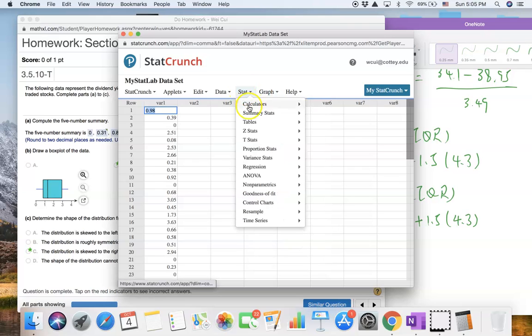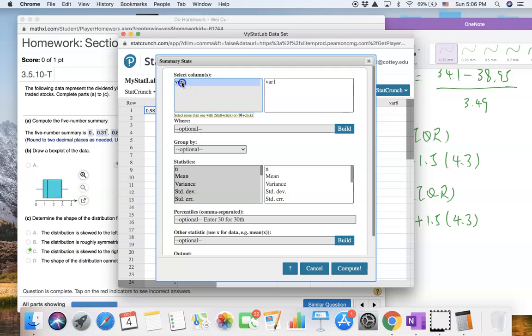So to find the 5 numbers, we select summary stats. Okay. So the 5 numbers consist of the minimum, the maximum, the first quartile, the median, and the third quartile, right? So I'm gonna select all of them.